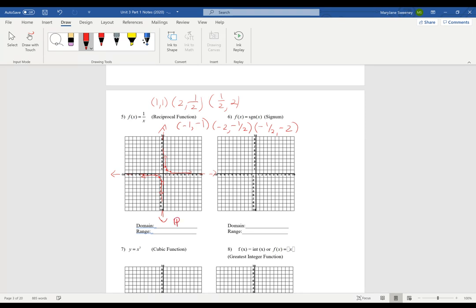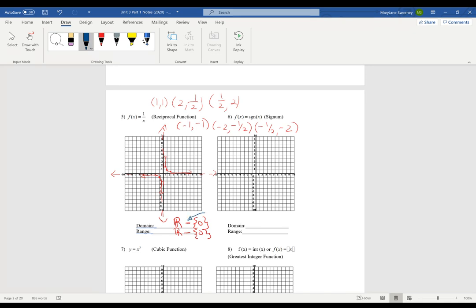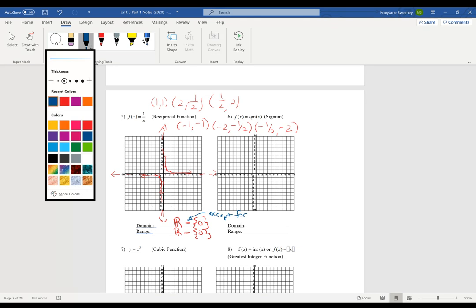All right, so domain is all reals except 0. Range is all reals except 0. And then you should put it in set notation. You don't want to do parentheses or hard brackets because then it kind of looks like interval notation.